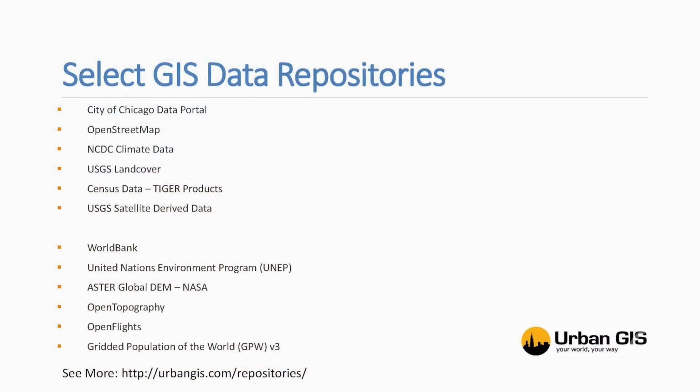I'm going to cover 6 of them here. The City of Chicago's data portal, OpenStreetMap, the National Climate Data Center, or NOAA now. I guess they've got rid of the name. Their climate data, the USGS's land cover and other derived products, and then the census data.